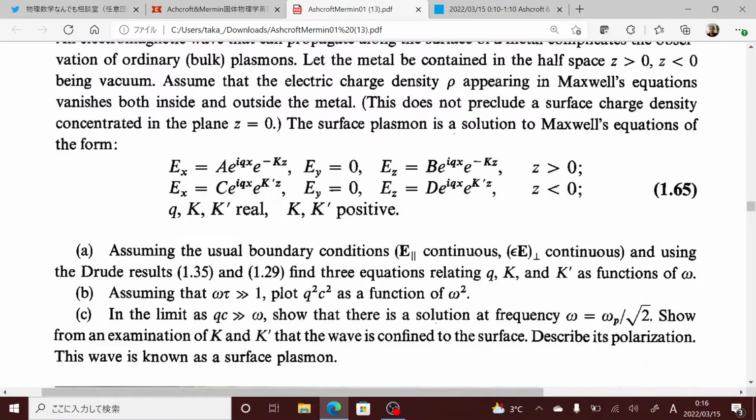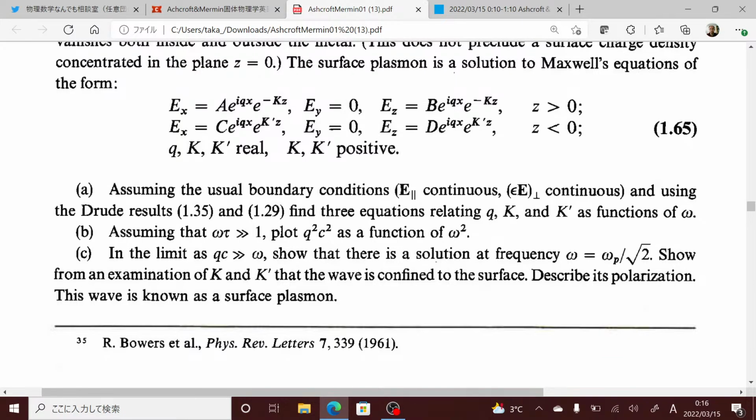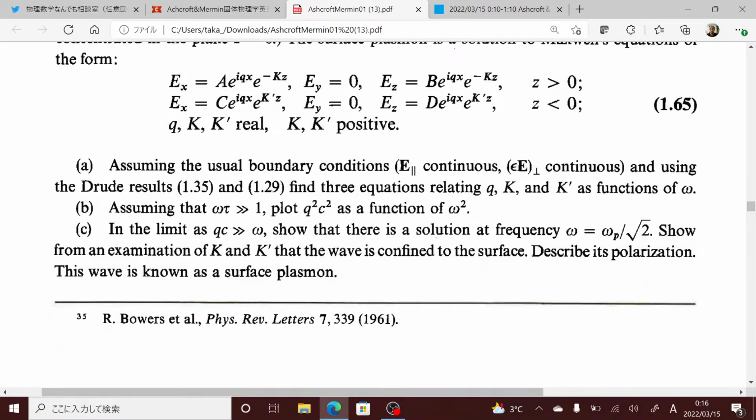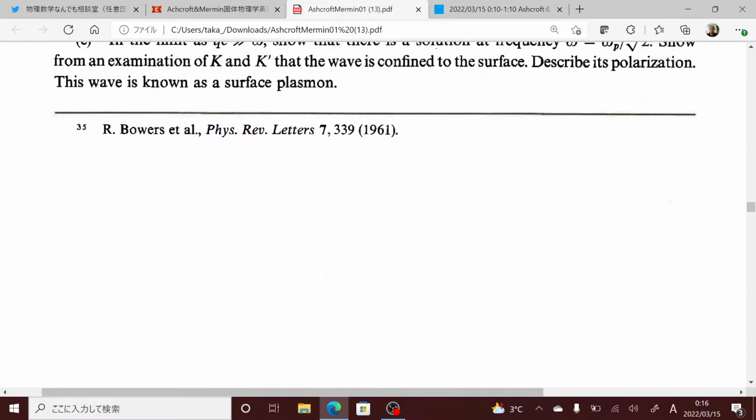Show from an examination of k and k prime that the wave is confined to the surface. Describe its polarization. This wave is known as a surface plasmon.